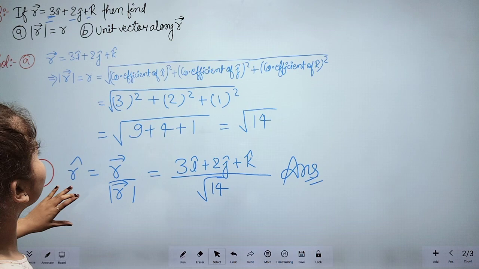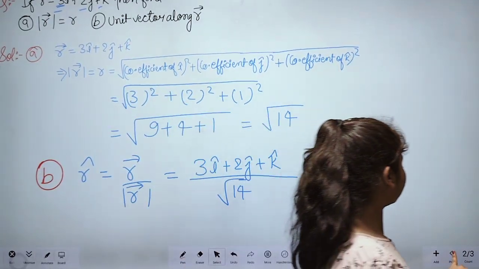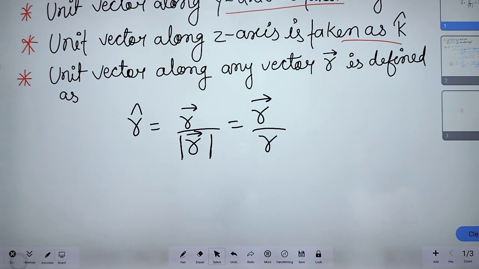Now for the unit vector along r vector, we all know that r cap is equal to r vector by magnitude of r vector.